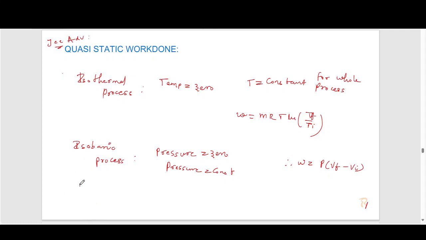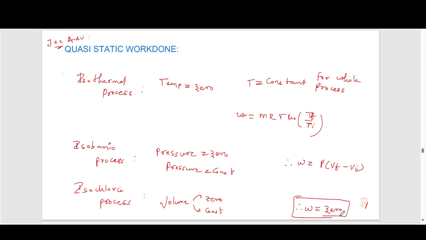For an isochoric process, the change in volume is 0 and constant, therefore there is no work done and it's 0 complete.